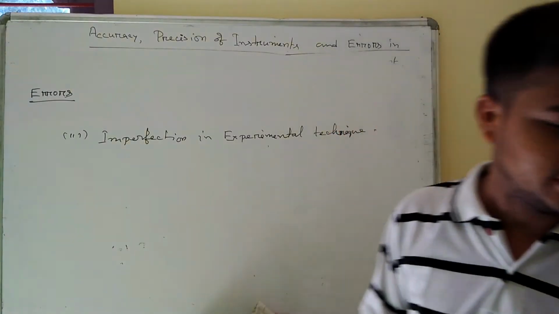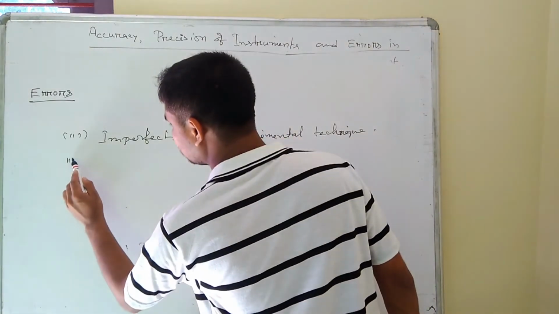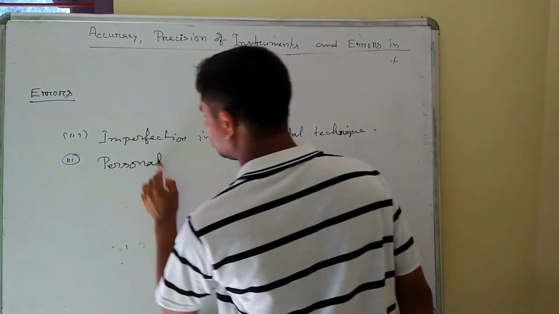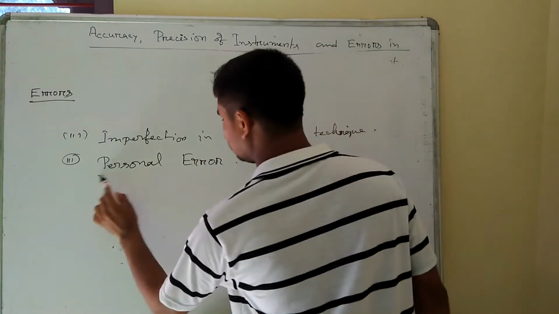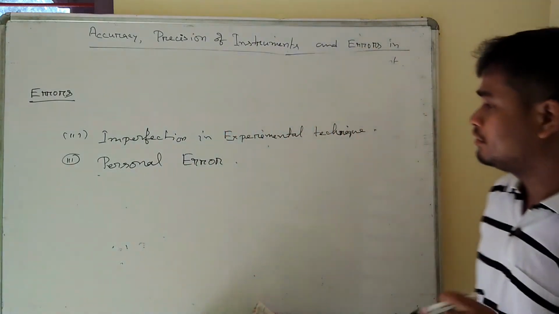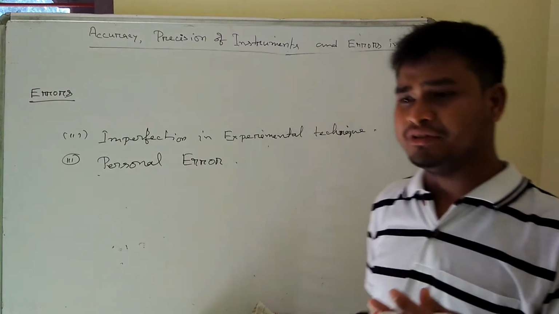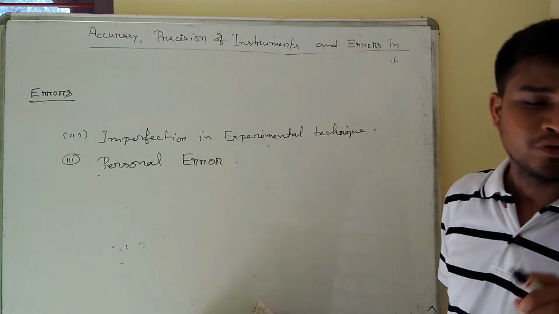Okay, next one is personal error. Personal error is individual-wise, that is, the error is different for each person.